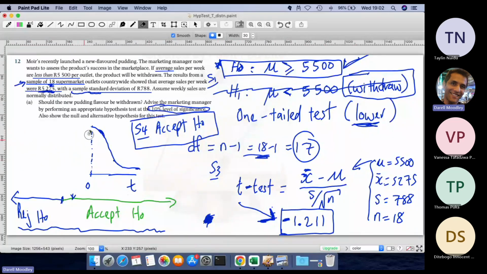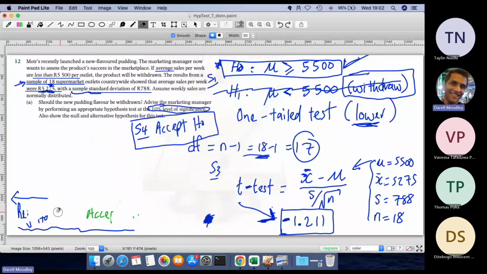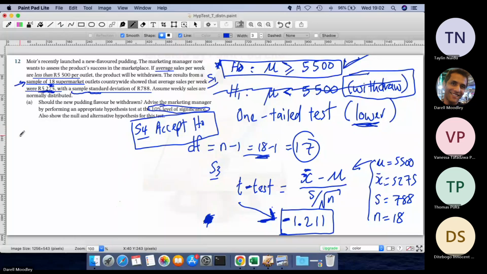I'll write the conclusion here for you, so you can use it for reference. Remember what I said, always start with what your level of significance is. So step 5, this is the conclusion.